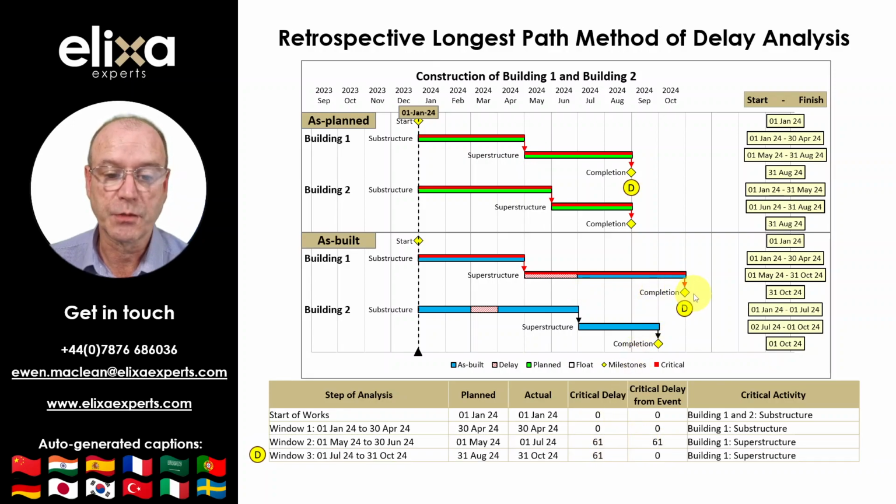The finish of the Building 1 superstructure was achieved on the 31st of October as shown by point D in the as-built program, which corresponds to a planned finish date of the 31st of August in the as-planned program. Since the difference in dates remains at 61 days, there is no further critical delay. However, is this right?